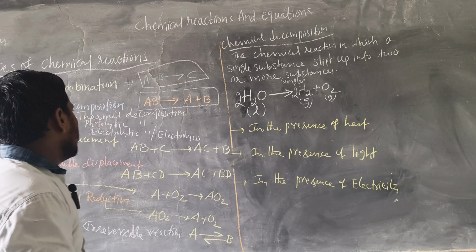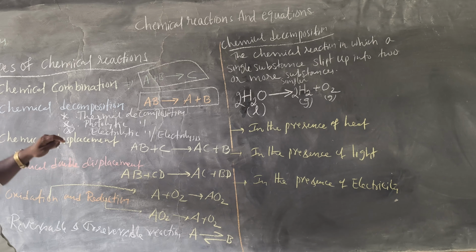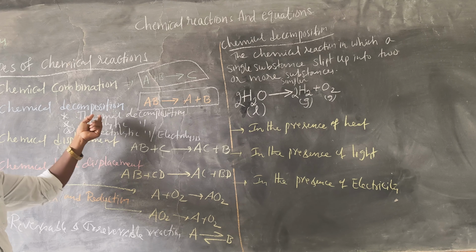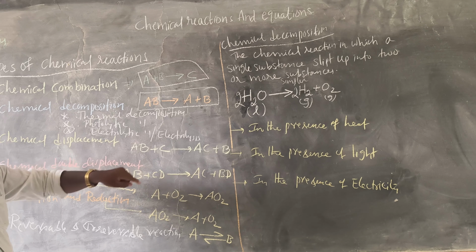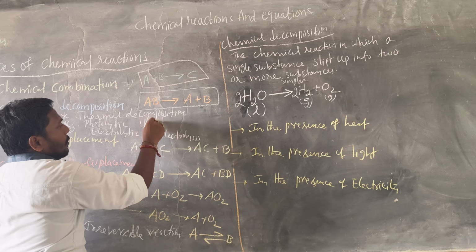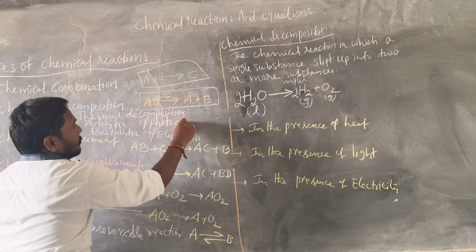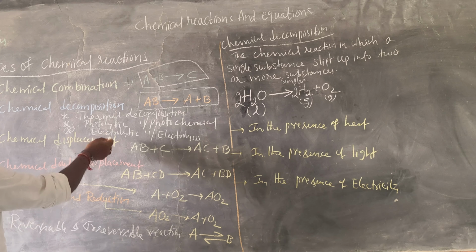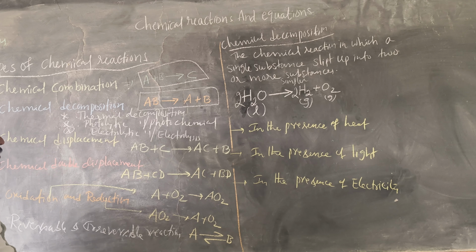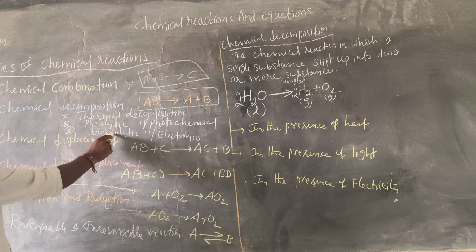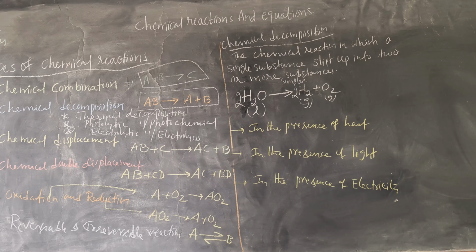Decomposition carried out in the presence of heat, we can call thermal decomposition. In the presence of light, it is called a photochemical reaction. The third one is electrolysis, or electrolytic decomposition, in the presence of electricity.